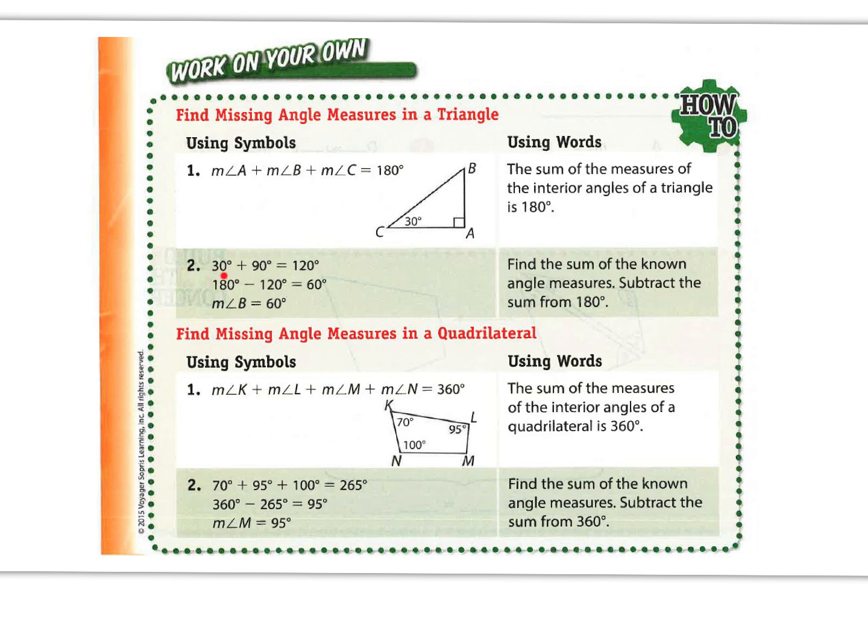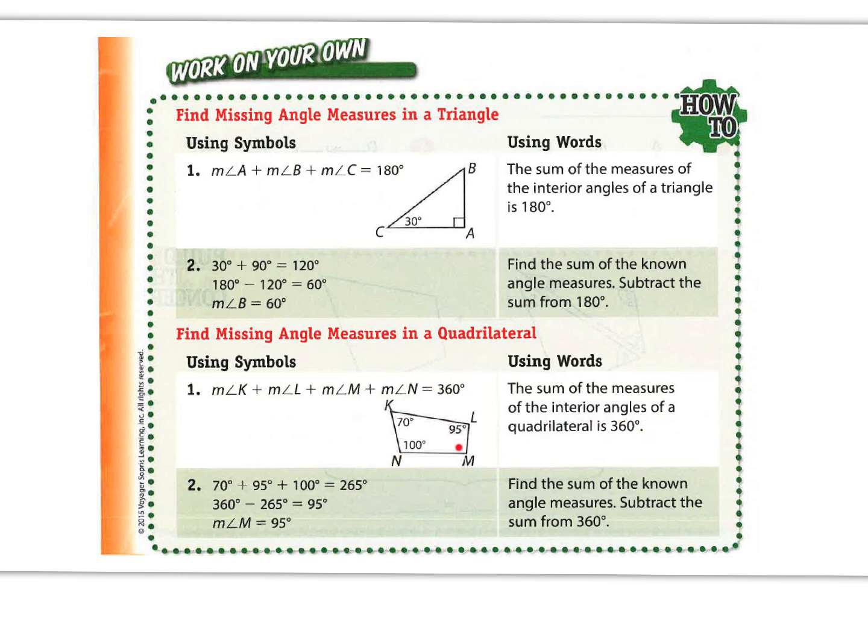We did that a bunch. So we knew 30. We know that this is 90. Add them up. You get 120. 180 minus 120 equals 60 degrees. So that means angle B is 60 degrees. Find the missing angle measures in a quadrilateral. So the sum of the measures of interior angles of a quadrilateral is 360 degrees.